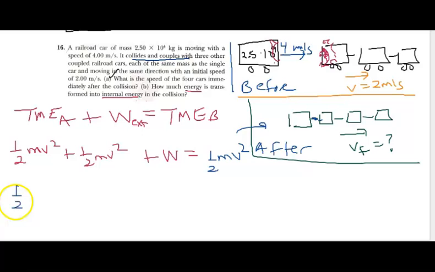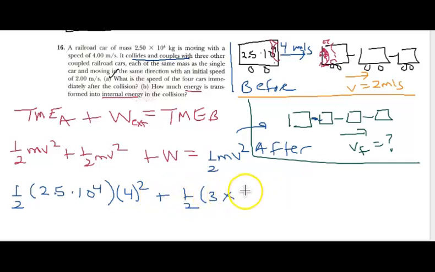Okay, so it's pretty plug and chug. Here the mass doesn't cancel because we need to know how many joules. Be careful with calculating all of your mass because you've got 3 of these puppies.